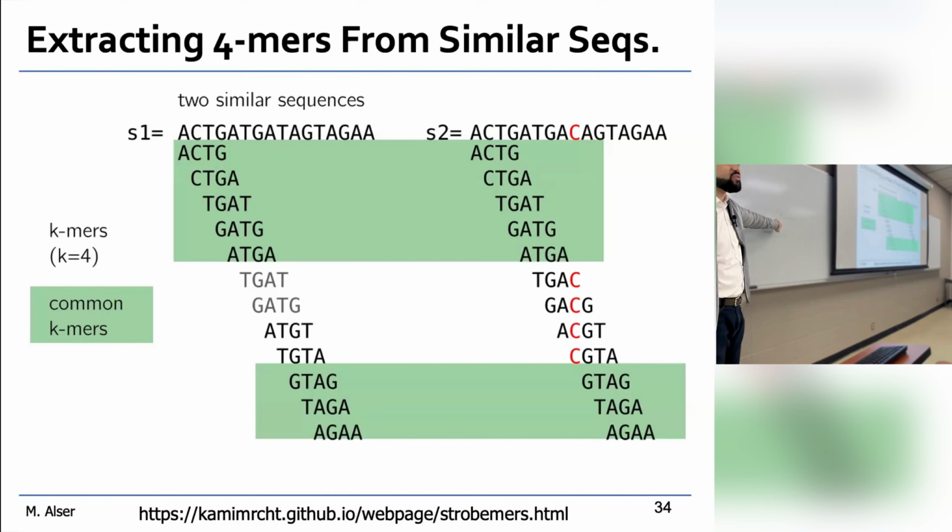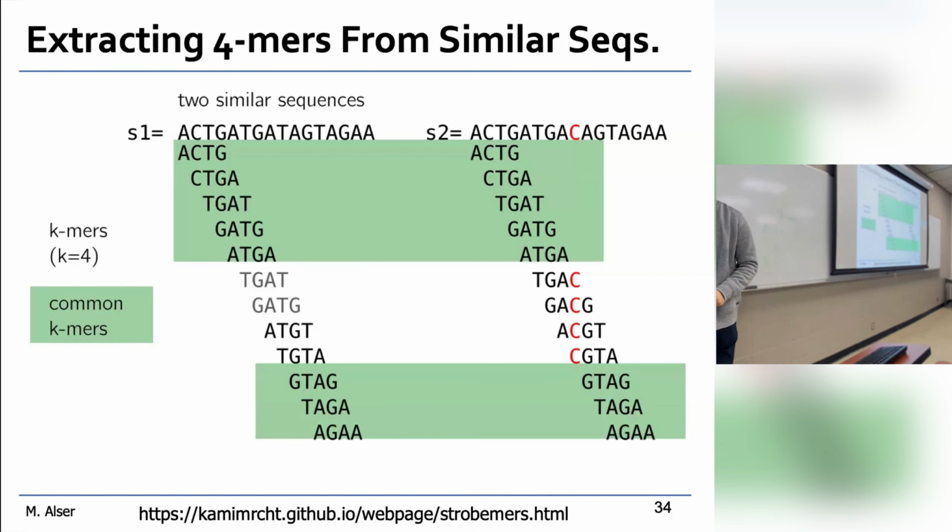Extract k-mers and quantify how many of them are similar to each other, okay? Just quantify. If you got, for example, 20 k-mers from the first sequence, and from the other one 20 k-mers, and only 18 of them match.